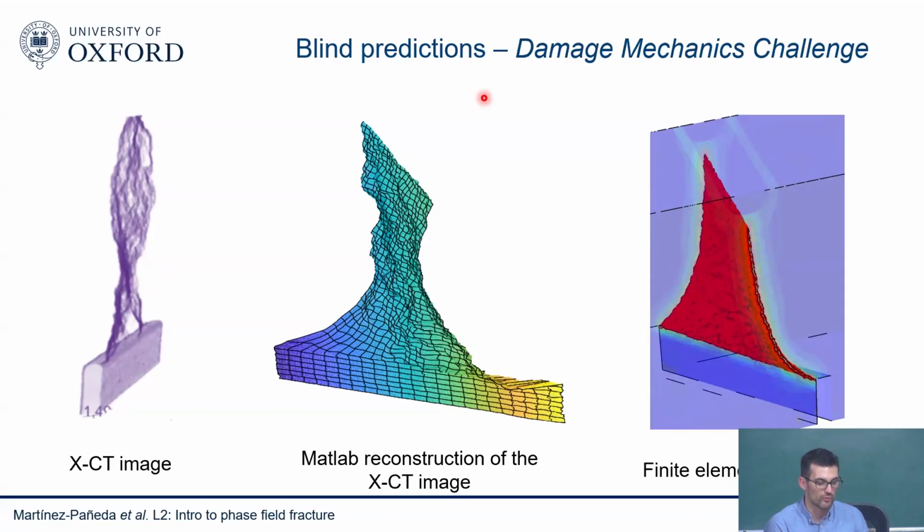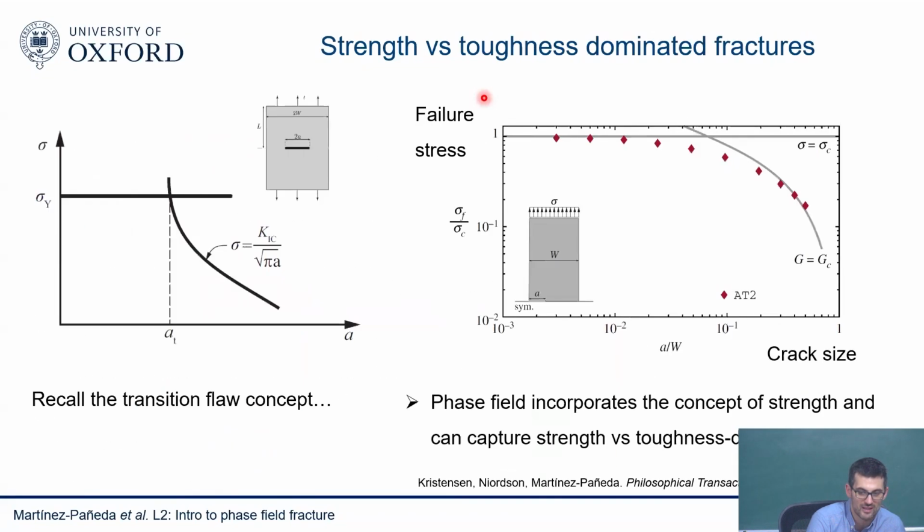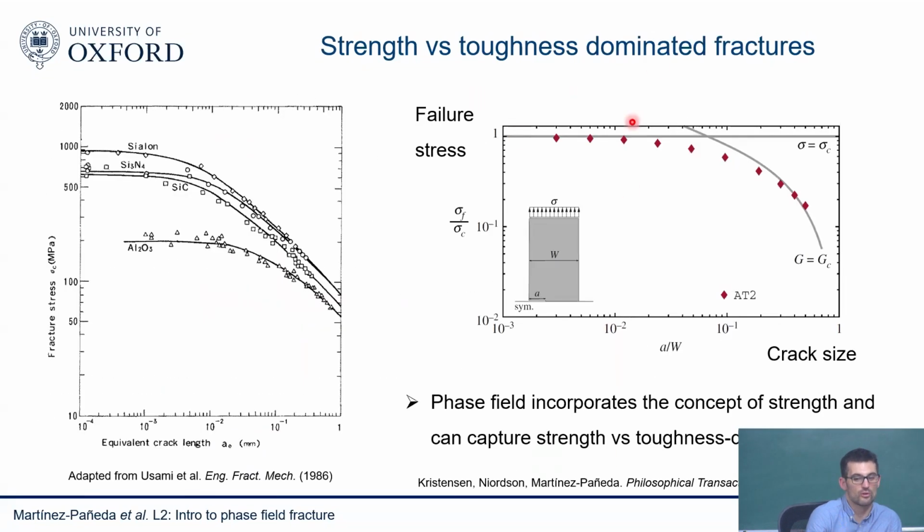But I'll discuss a few situations, because if you think of brittle materials, these results are influenced by the length scale because it's strength dominated. These ones are influenced by the GC. So if you have a problem with a very large crack, you may not care that much about the length scale, because even if you don't get the right strength, your toughness is very energy dominated, and you're going to predict the right result even with the wrong length scale.